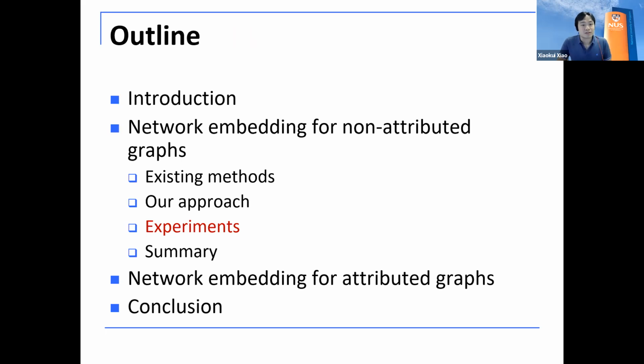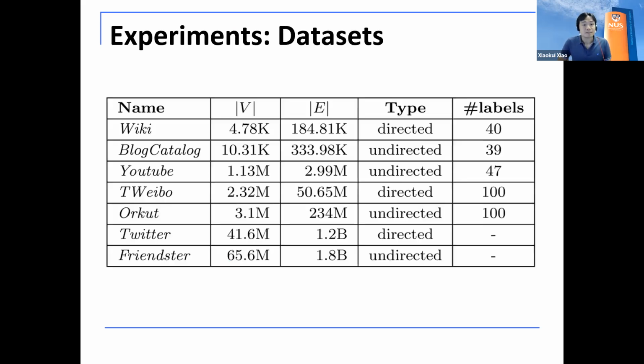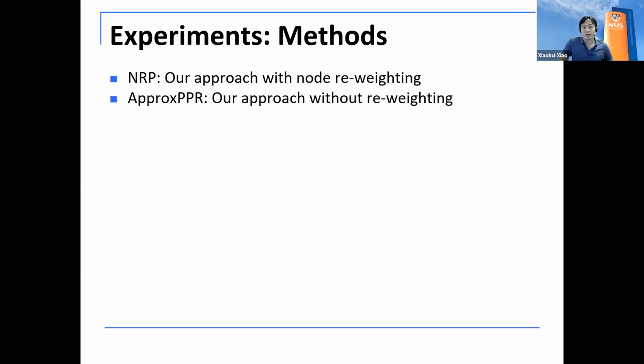So now I'm going to talk about some experimental results. In our experiment, we use a variety of data sets with up to 65 million nodes and 1.8 billion edges. And we test quite a number of methods. We have two variants of our method. The first one is called NRP, which is our method with the rescaling optimization that I just mentioned.